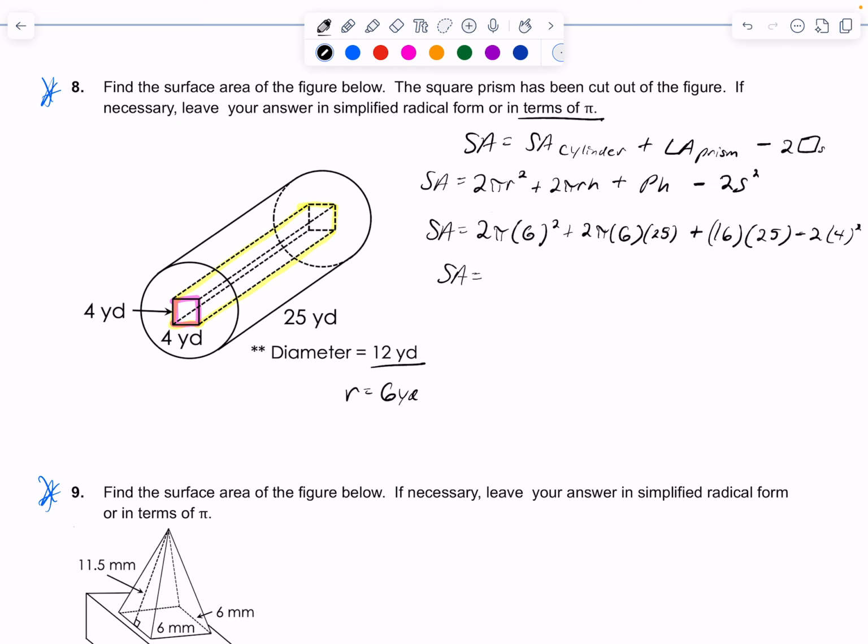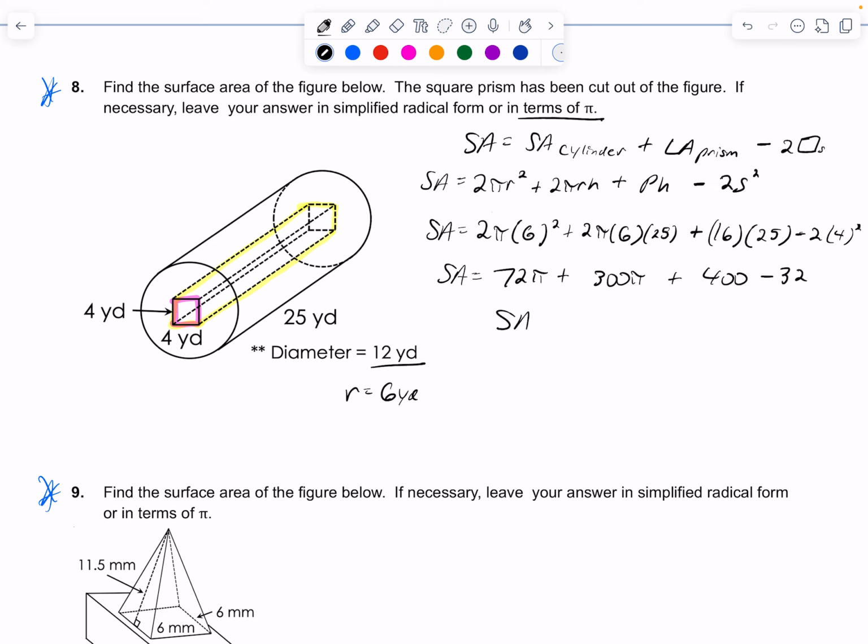So let's simplify. That's 36 times 2, which is 72 pi, plus 25 times 2 is 50, times 6 is 300 pi, and then plus 25 times 16. 25 times 10 is 250, 6 25s is going to be 150, so that's going to be 400, and then minus 16 times 2 is 32.